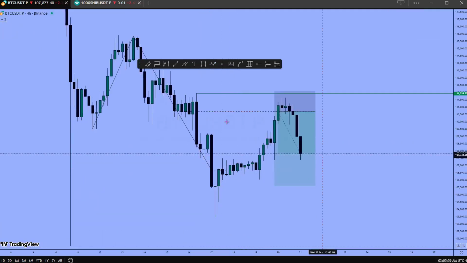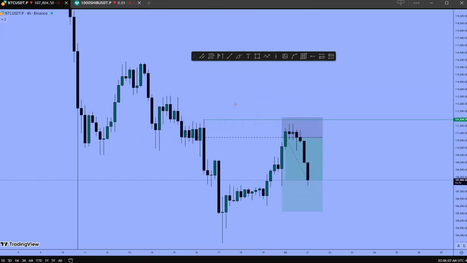I count this, but this is not actually a clear swing.